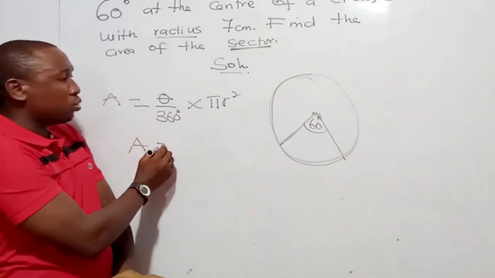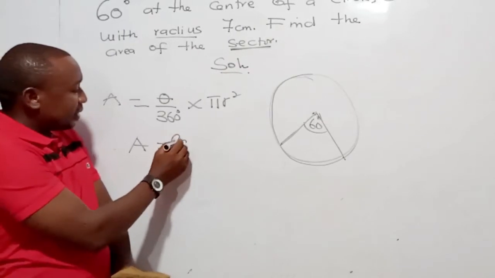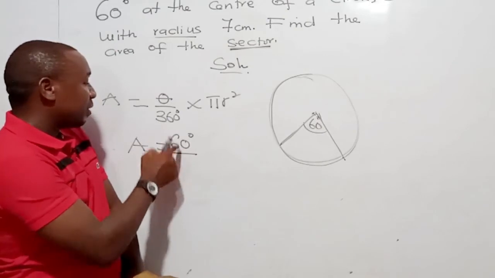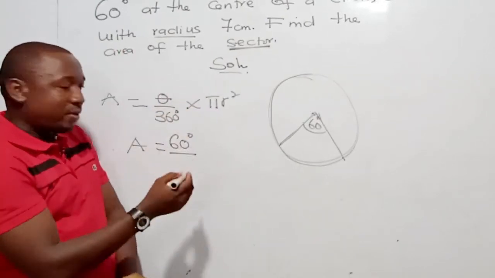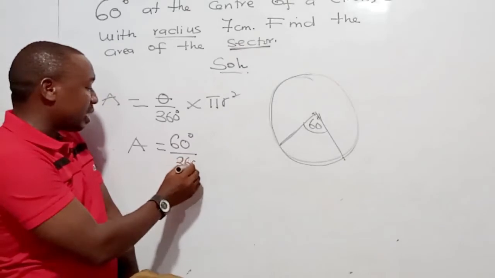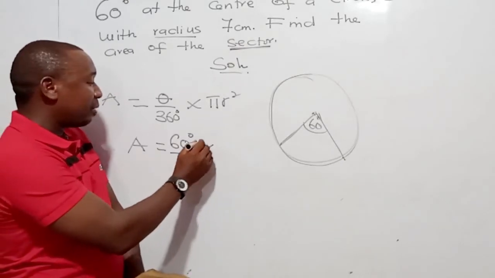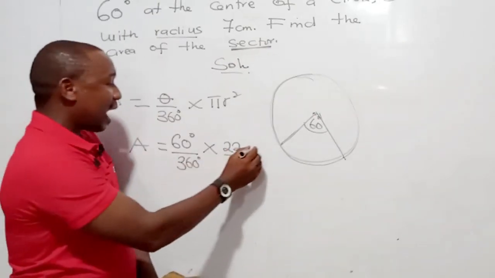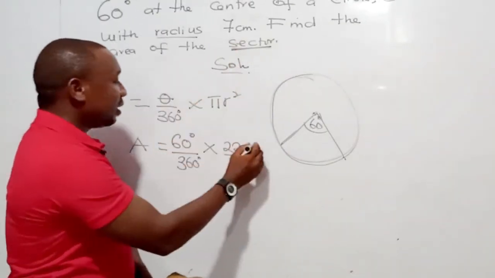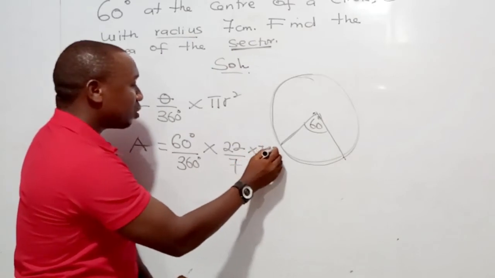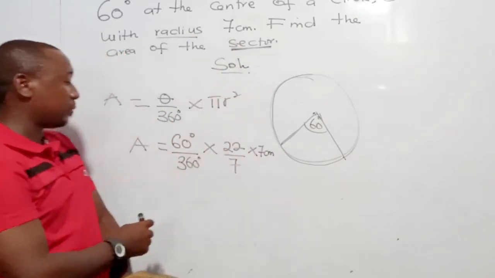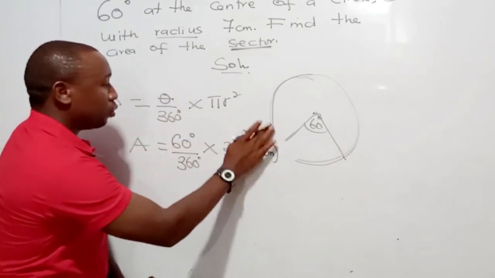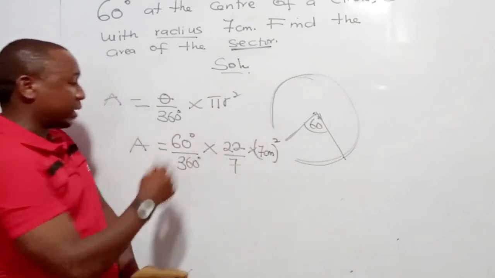Area is equal to 60 degrees divided by 360 degrees times 22 out of 7 times 7 centimeters squared, because we can see clearly that our radius is squared.